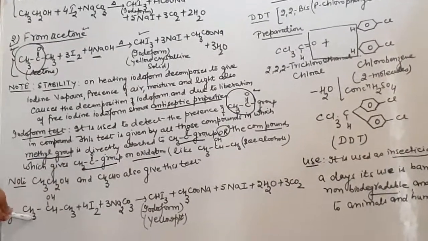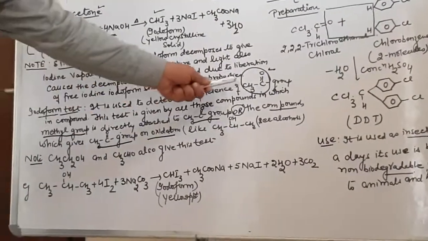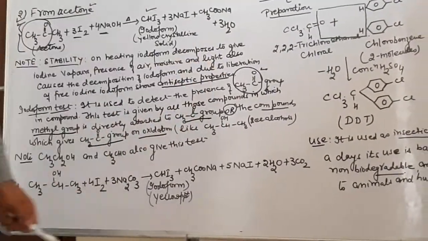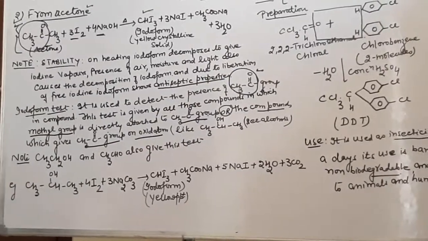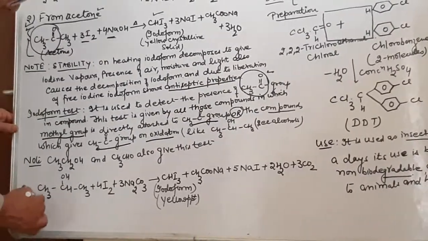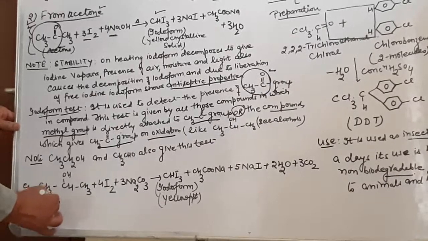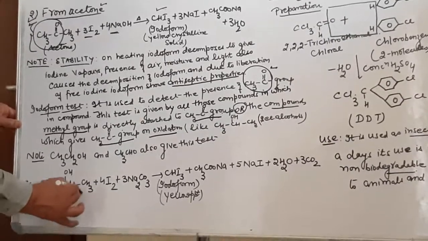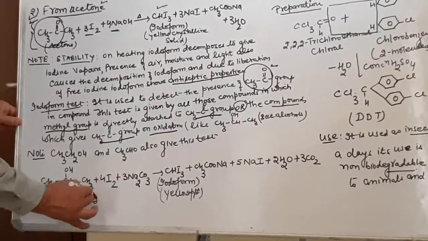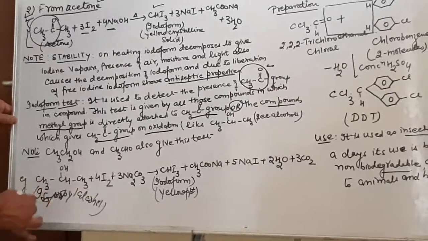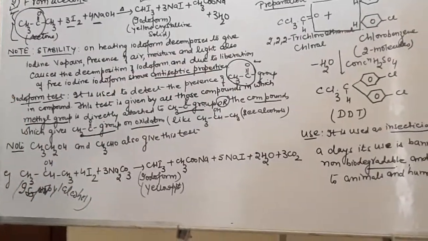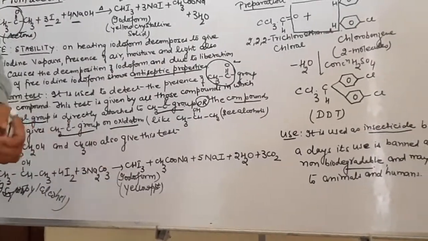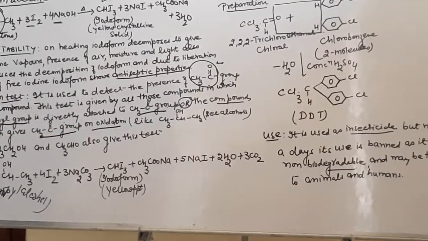All secondary alcohols and their oxidized products will definitely contain the aceto group, so they will give this test. As for example, we have written over here, this is isopropyl alcohol. So if we take isopropyl alcohol, when reacted with iodine and sodium carbonate or sodium hydroxide, it will give the yellow crystalline precipitate of iodoform.